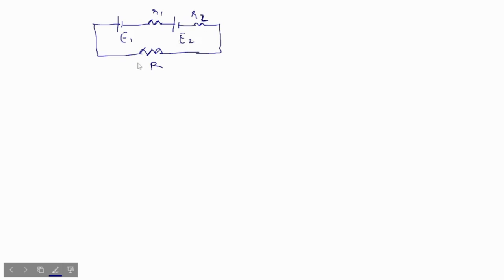So, if you need to calculate the current in this circuit, if current I is flowing, what will be the current through this circuit?